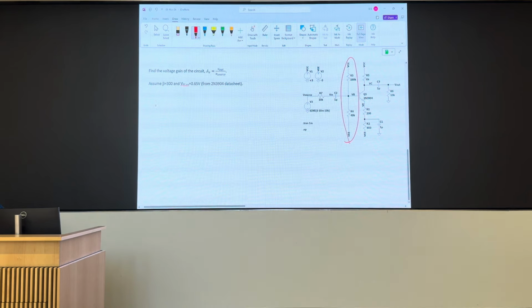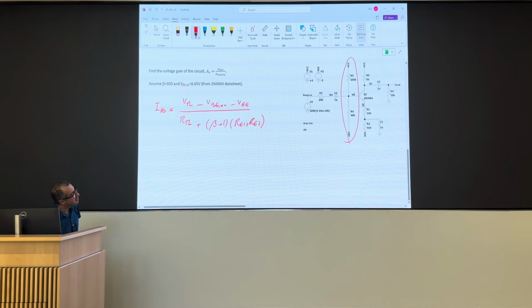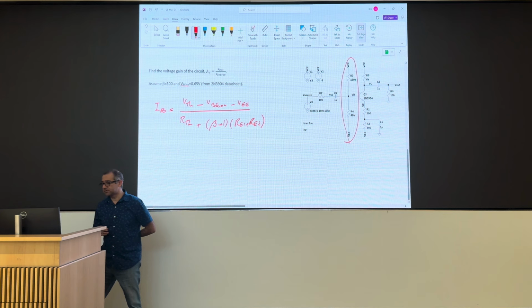So IB is going to be V Thevenin minus VBE on, and then I'm ending up into VEE, divided by R Thevenin plus (beta plus 1) times RE1 plus RE2. Or R1 plus R2.